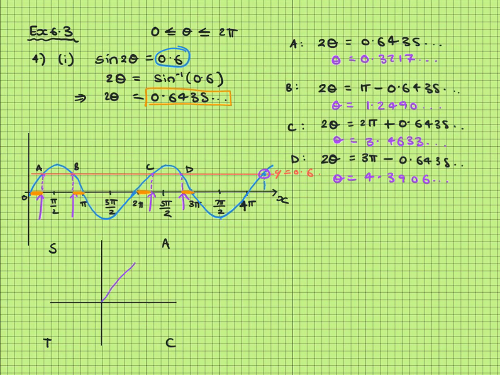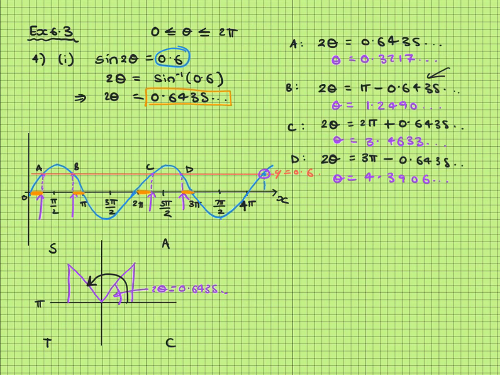So the first answer that of course we get here is our value of 2 theta, and we end up with 2 theta equals 0.6435. So if we reflect that over into this quadrant where sine is still positive, we then have to work out this value here, which is why we get 2 theta equals pi minus 0.6435, because of course this value here is pi.